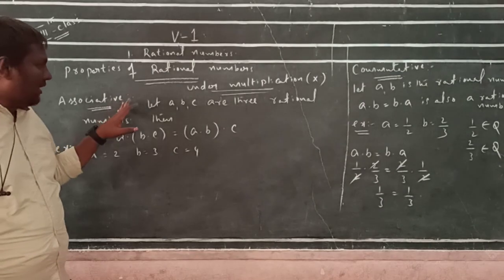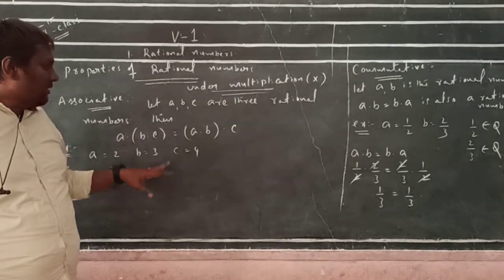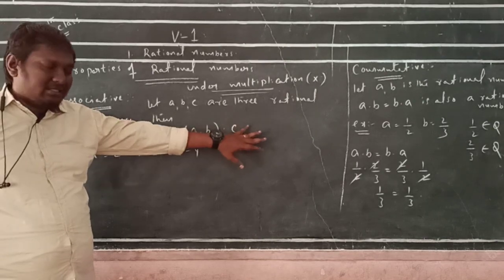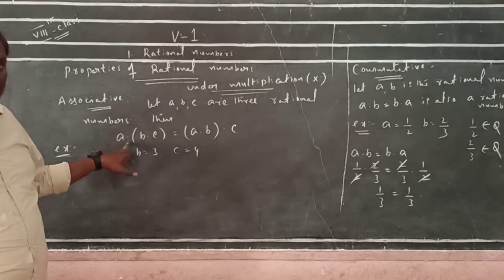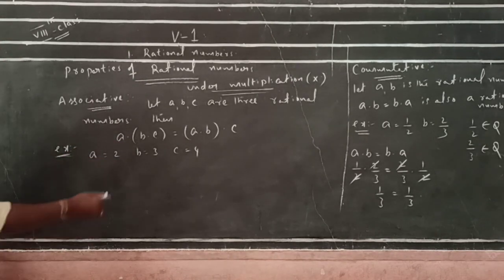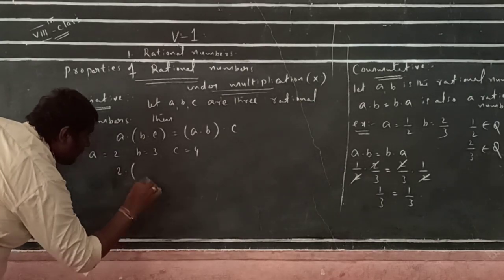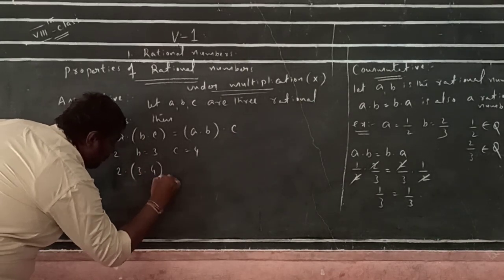Understand? Associative at the addition time, A plus B plus C is equal to A plus B plus C. Here I will change the sign. In place of plus I will take multiplication. But the A value is 2, B value is 3, C value is 4.